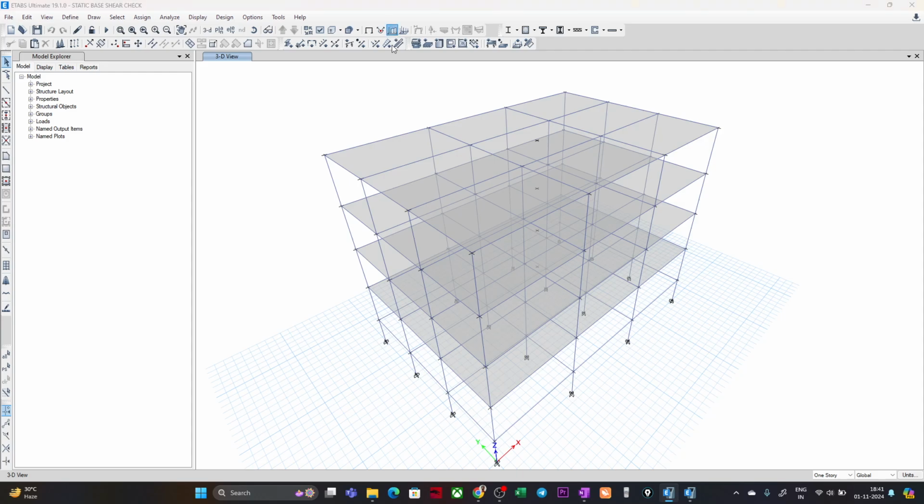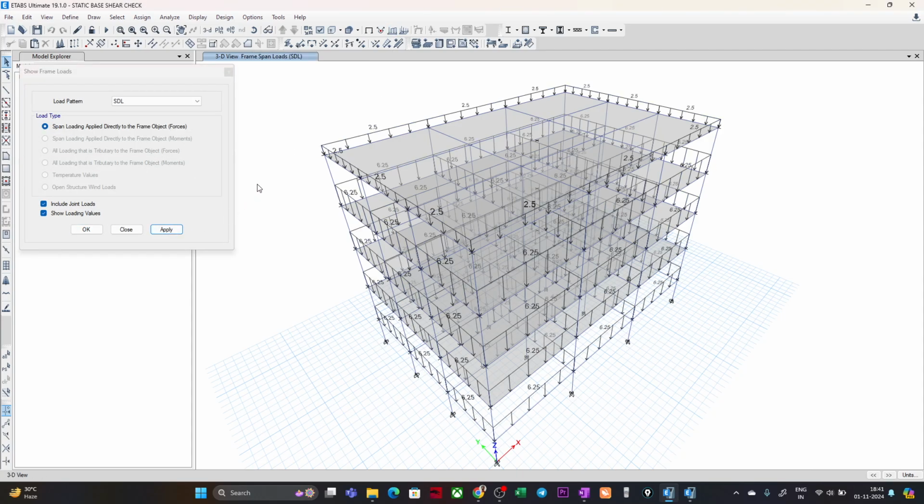Then we have applied the loads. This load that you are seeing is basically the brick walls that we will be putting in the physical structure, right? So here we have idealized the brick walls into uniformly distributed loads on the beam, correct?